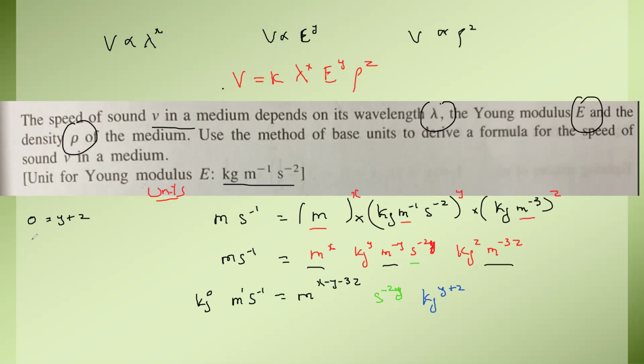So I can say 1 equals x minus y minus 3z. And what about the second? It's minus 1 on the left hand side, and on the right hand side is minus 2y. So we have 3 equations.